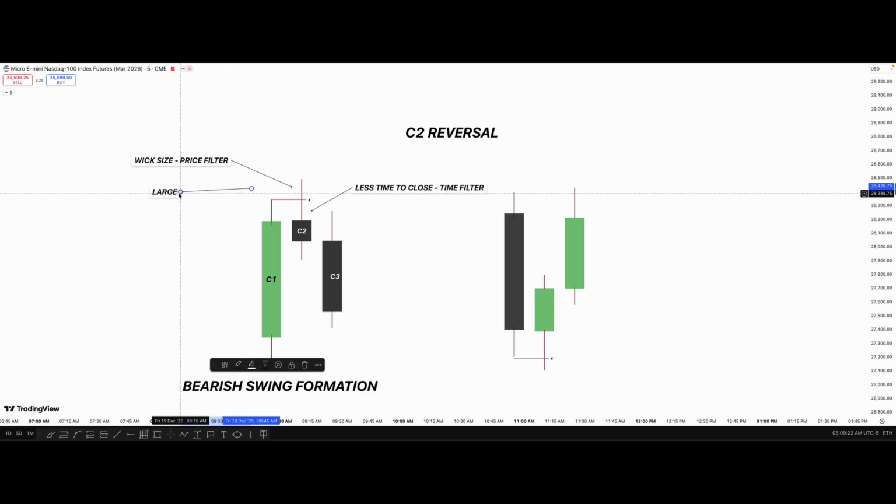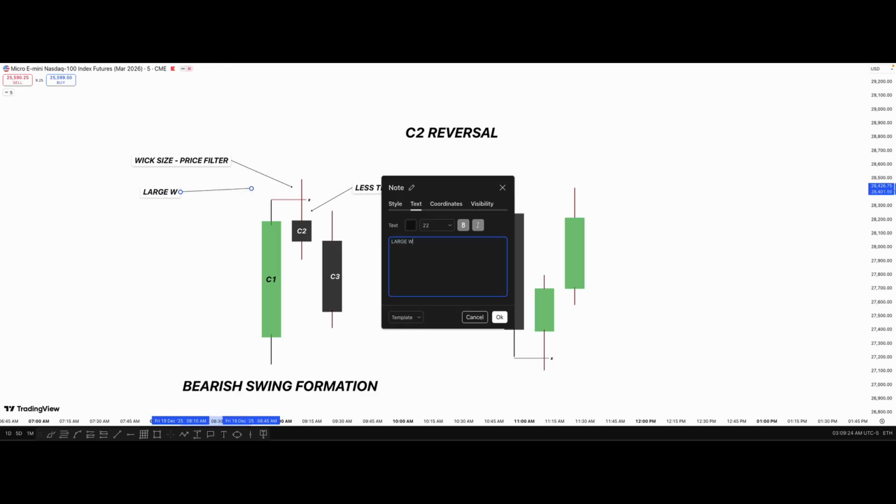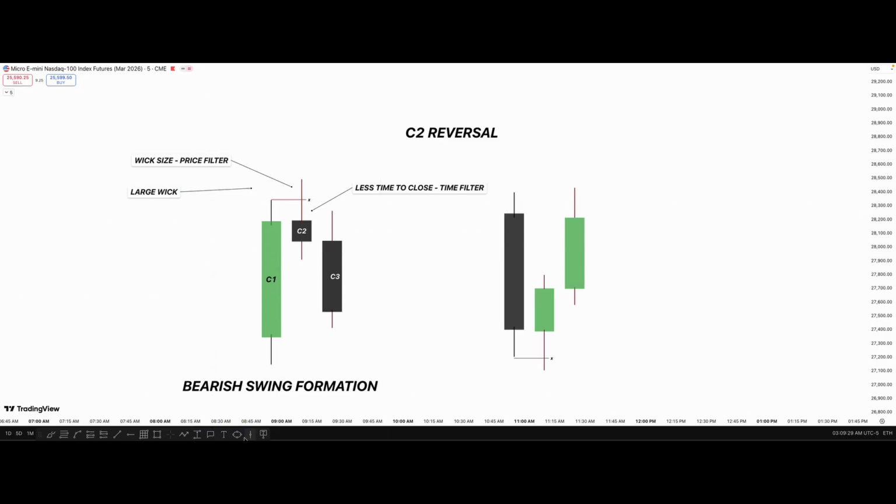If we have large wicks, we understand that the price is creating a bearish swing formation, right? And then it has less time to close this candle, right?